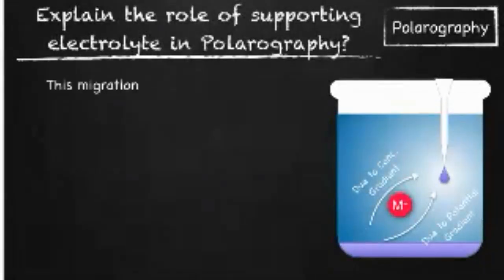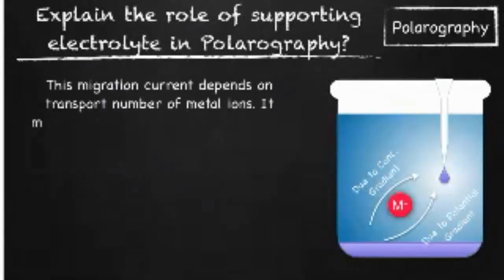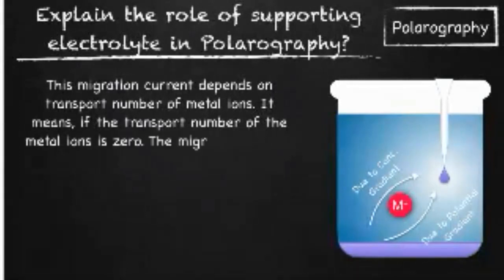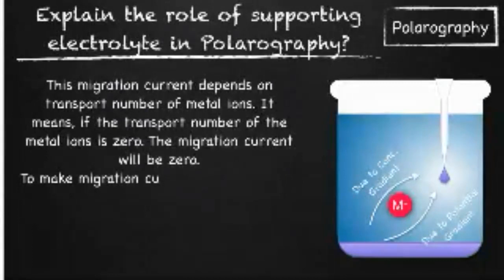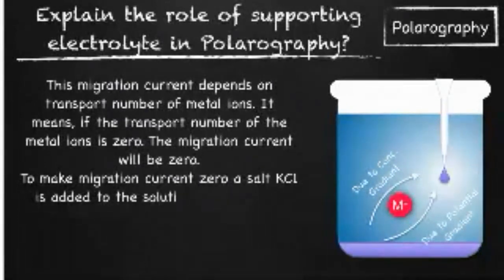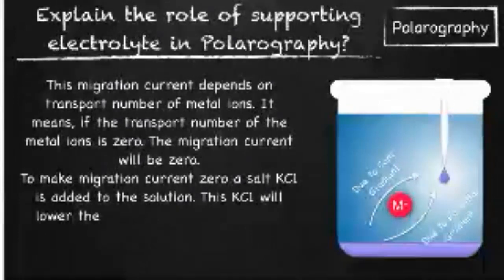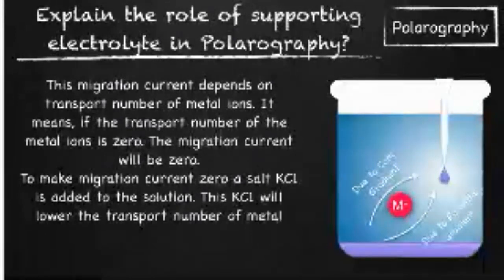This migration current depends on the transport number of metal ions. It means if the transport number of metal ions is 0, the migration current will become 0. To make the migration current 0, a salt like potassium chloride is added to the solution. This KCl will lower the transport number of metal ions.